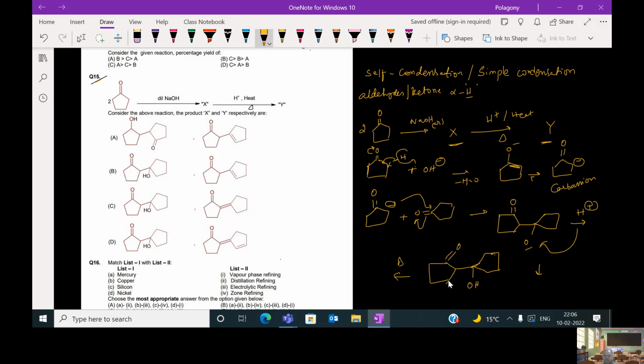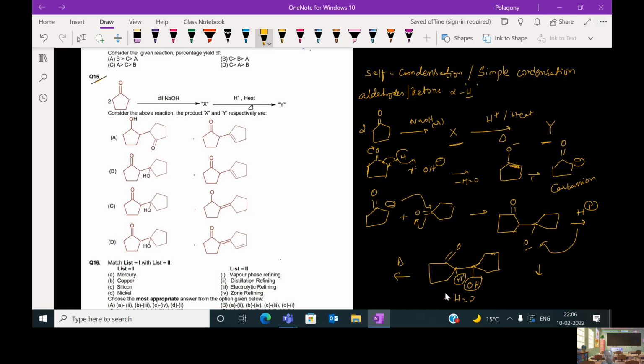Then one hydrogen present here is lost. Now let me write. The proton is abstracted from here, and this OH is taken in the form of water, H2O.